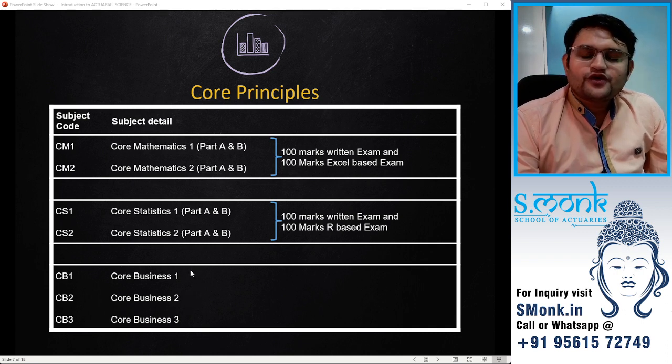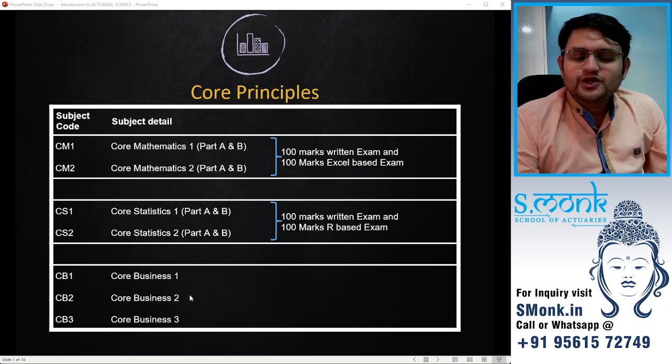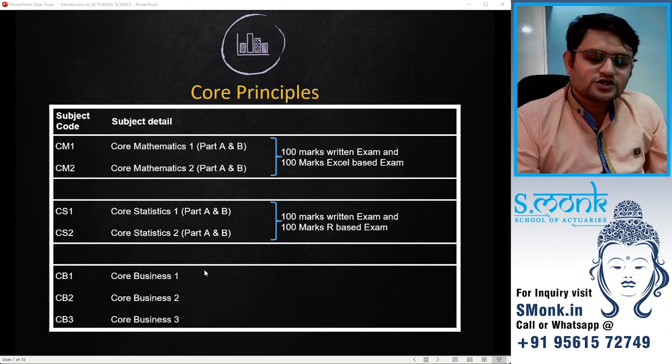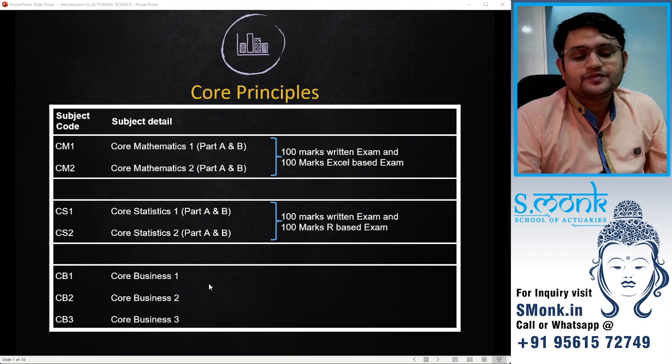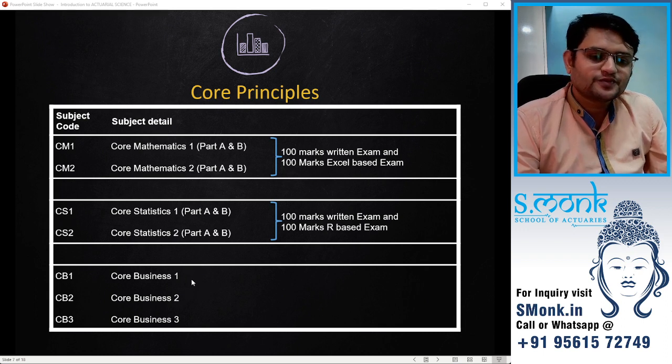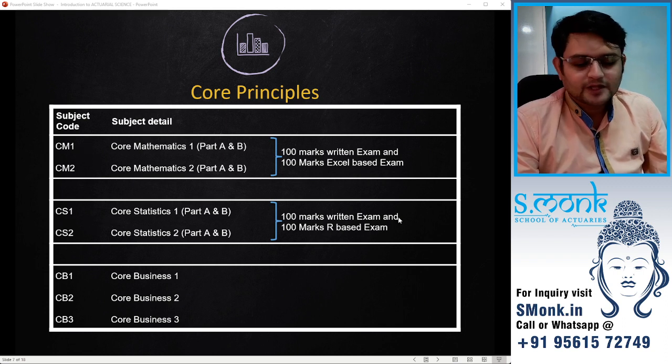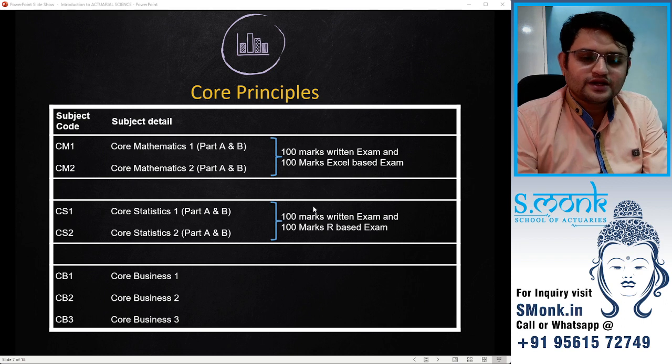So usually for a commerce student, CB1 and CB2 are not very difficult. And from the point of view of jobs, these are also said to be filler papers, because we do not give so much attention to these papers. We give most of our attention to the other papers. Anyway, we'll talk about that later.